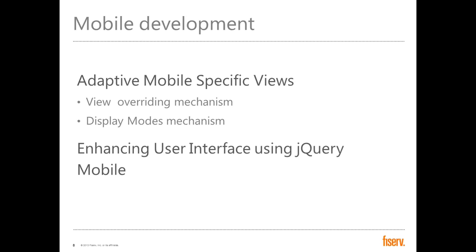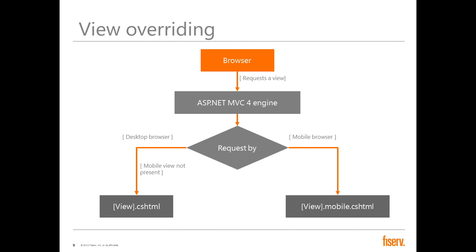So what is the view overriding mechanism? In the view overriding mechanism, the browser makes a request for a page. Now the ASP.NET MVC4 engine will decide whether the request is made by the desktop browser or by a browser on a mobile device, and it will fetch the page accordingly by the naming convention.